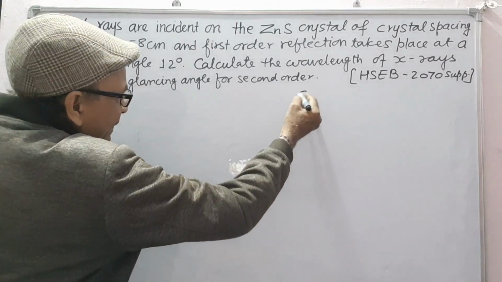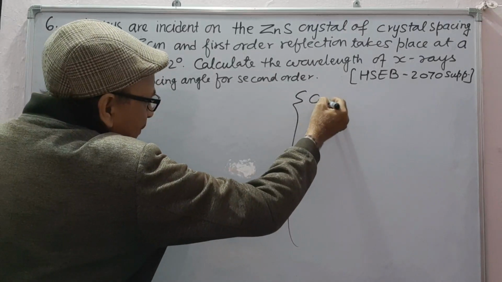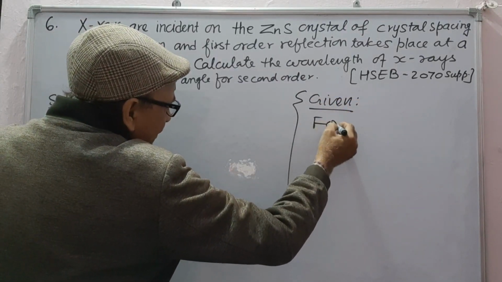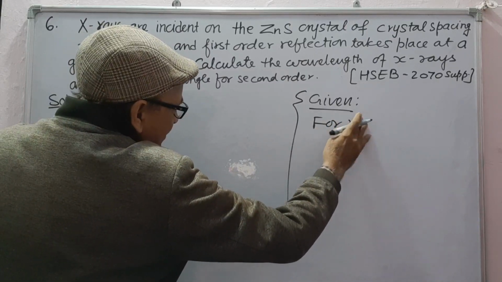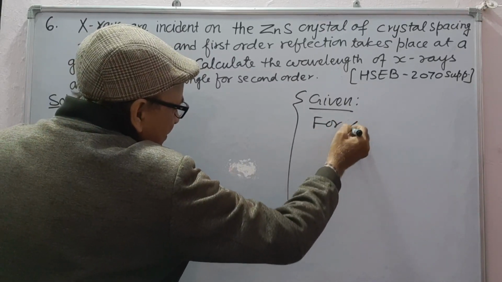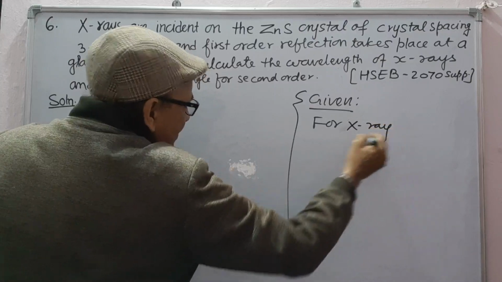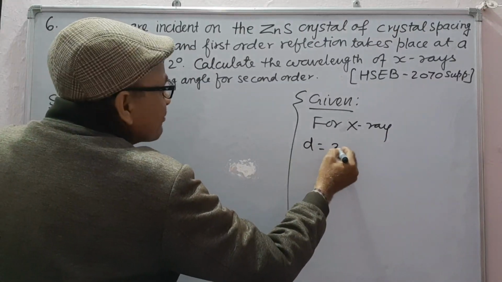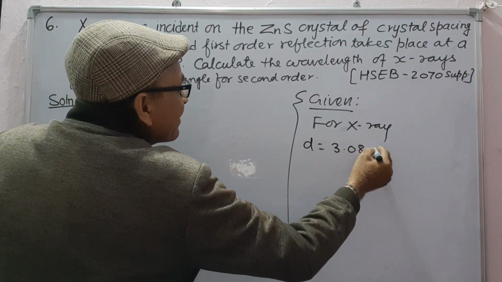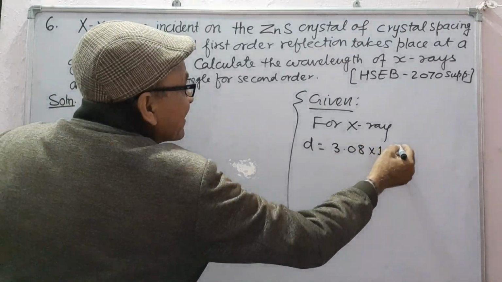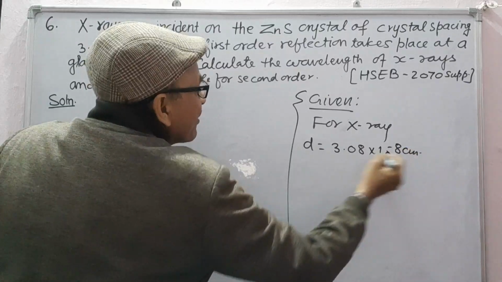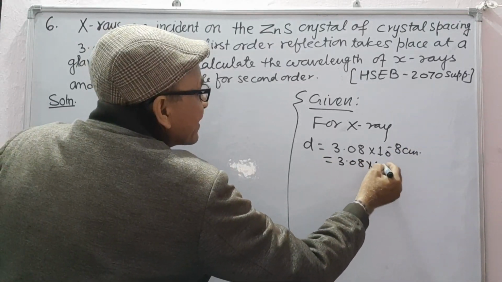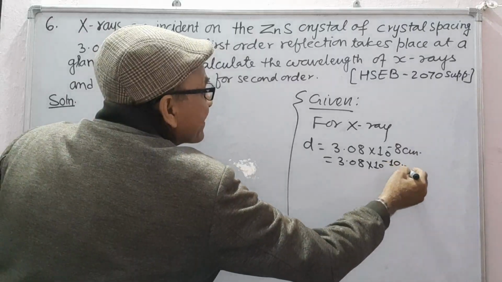Here given for X-ray, d is equal to 3.08 into 10 to minus 8 cm, which is 3.08 into 10 to minus 10 meter.